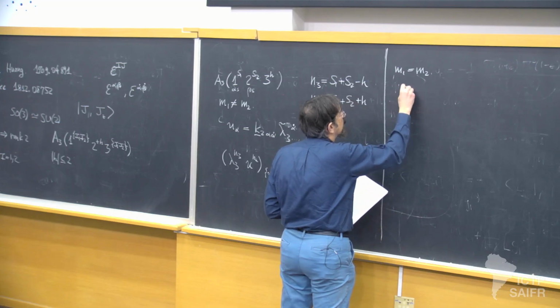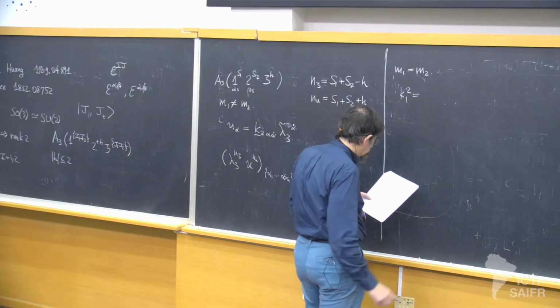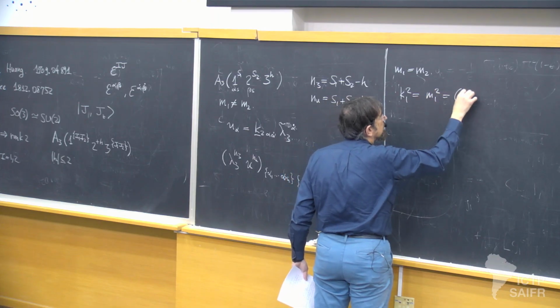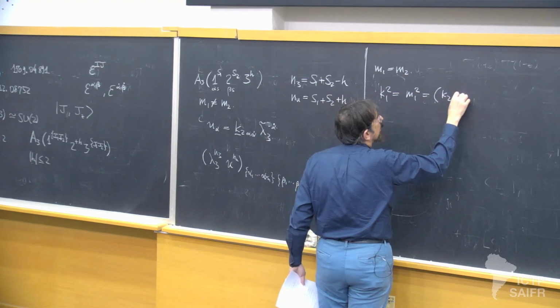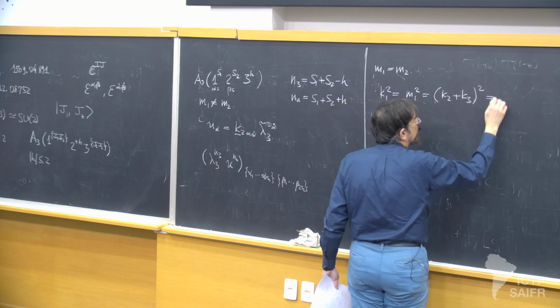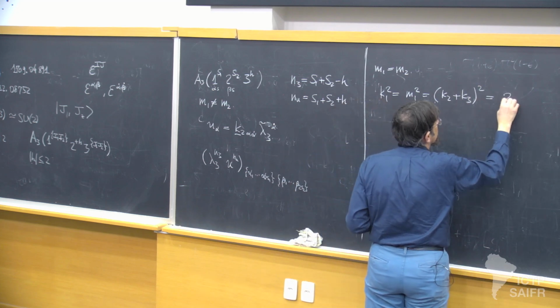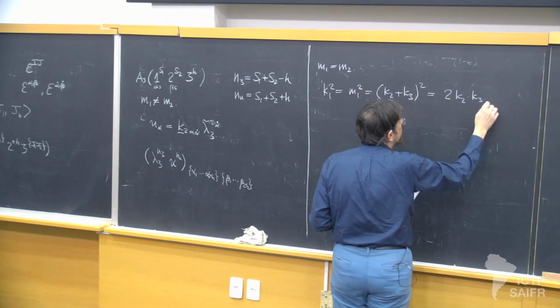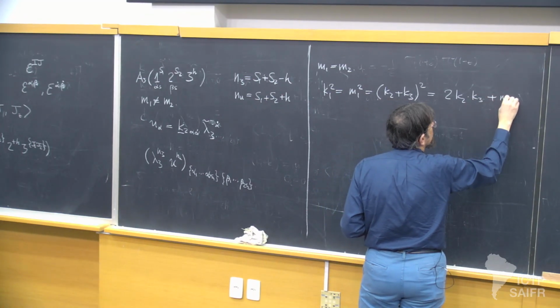So if we look at K1 squared, go back to looking at three-point kinematics, then we can write down this equation, which is going to be 2K2 dot K3 plus M2 squared.